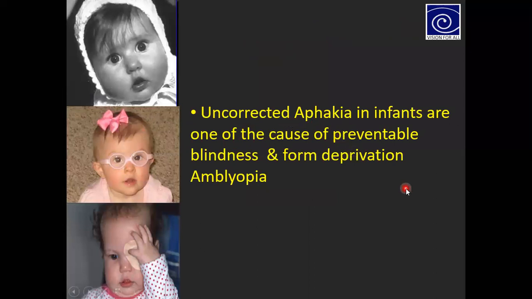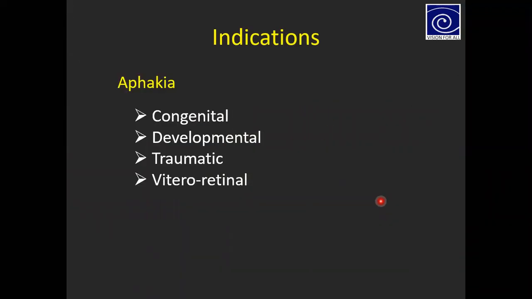So uncorrected aphakia in infants is one of the causes of preventable blindness because of amblyopia. Aphakia could be congenital or developmental, or could be because of trauma, or because of some vitreoretinal surgery, because sometimes in vitreoretinal surgery the lens has to be removed.